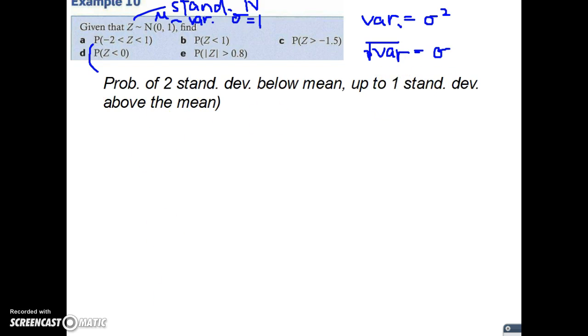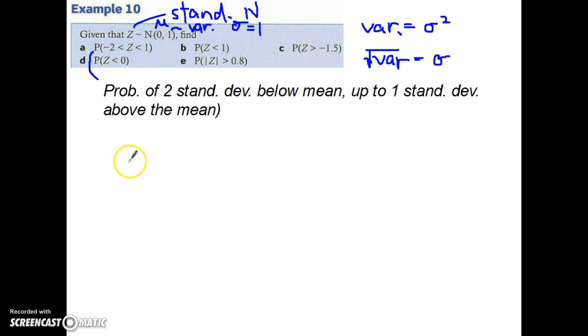If you're talking about the bell curve, let me try to draw this. For part A, when we are talking about the normal distribution, it always helps to do a sketch, even if your sketch is as ugly as mine here. Let's say this is my mean. My mean is always going to be in the center.